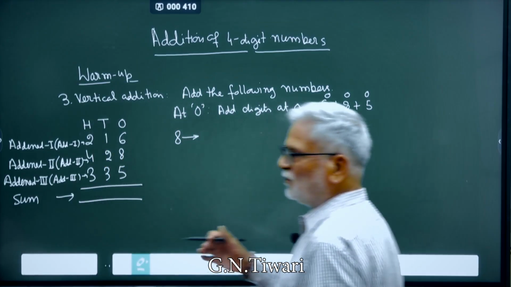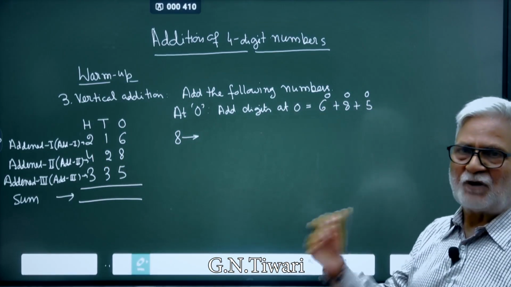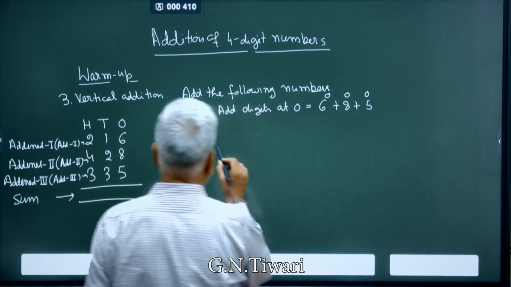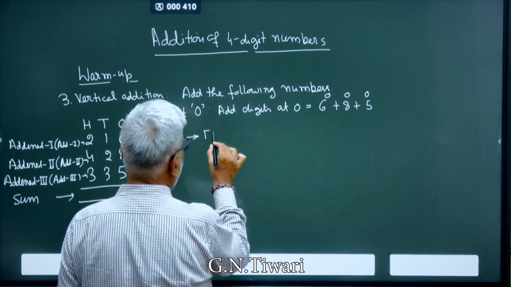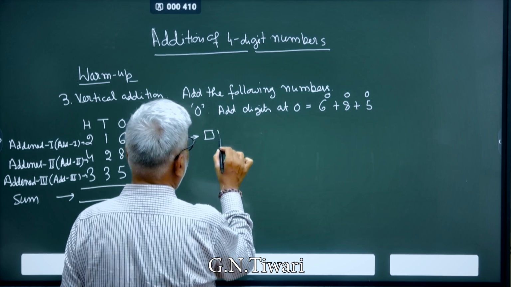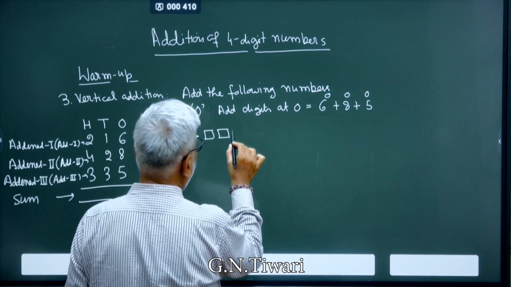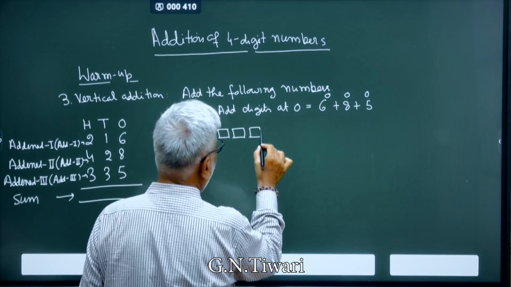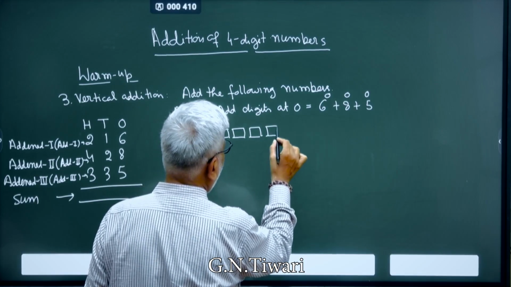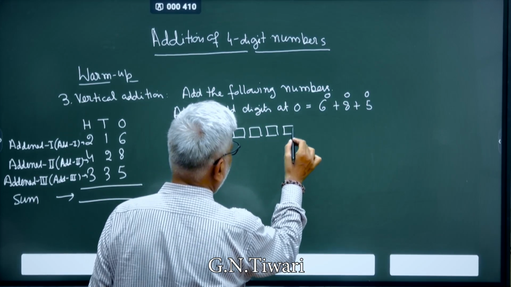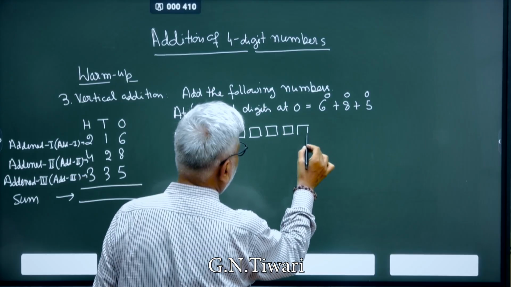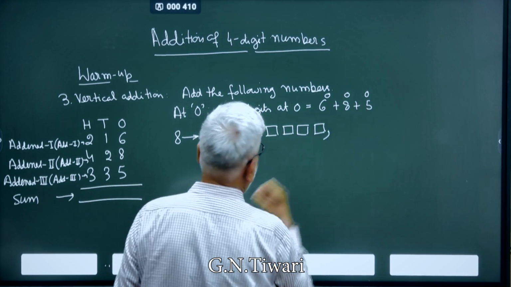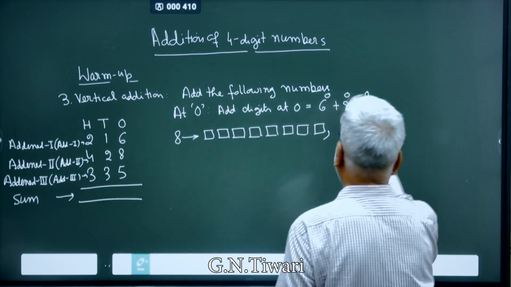I will tell you what is the advantage of the square over the vertical line. Now just say 8, make 8 squares: 1, 2, 3, 4, 5, 6, 7 and 8. Then put a comma. Next is 5.